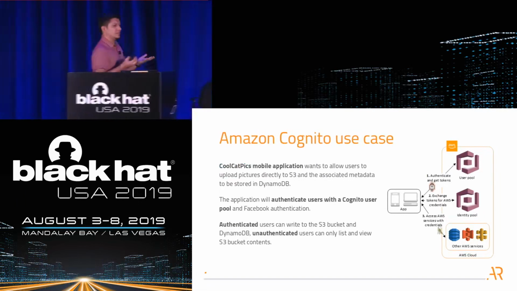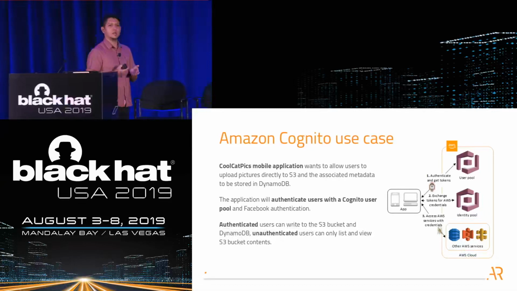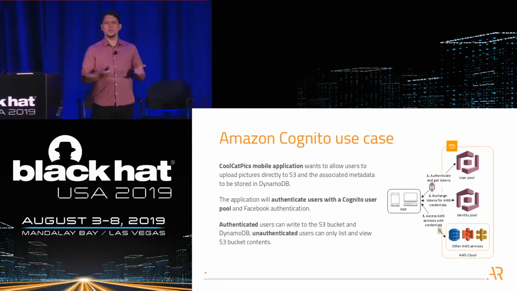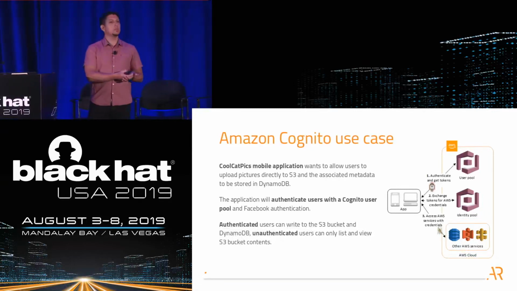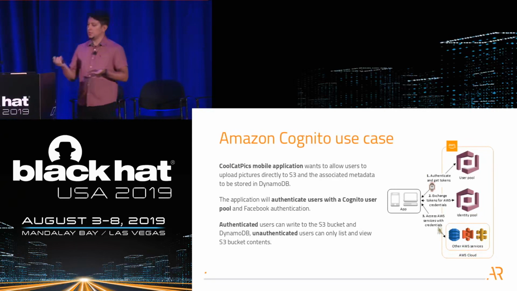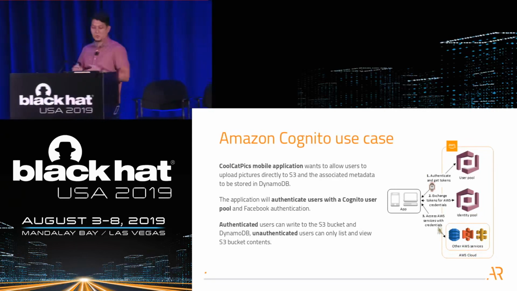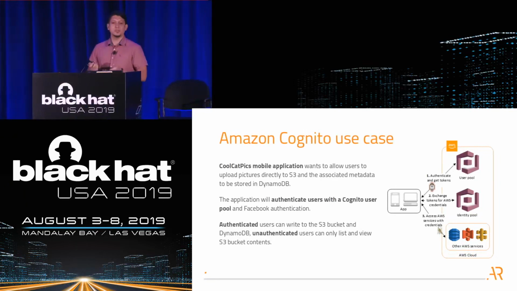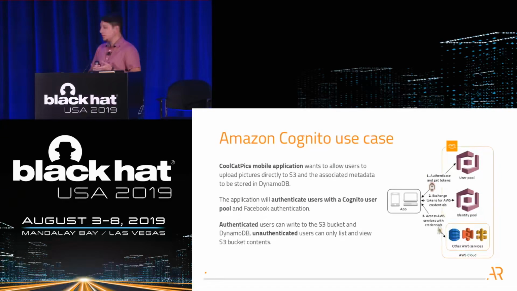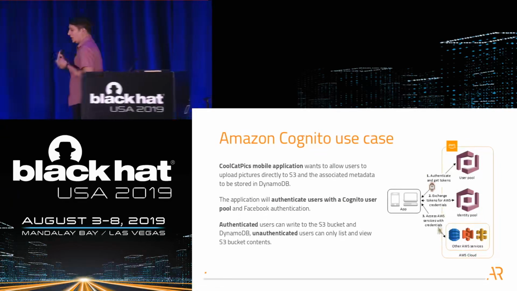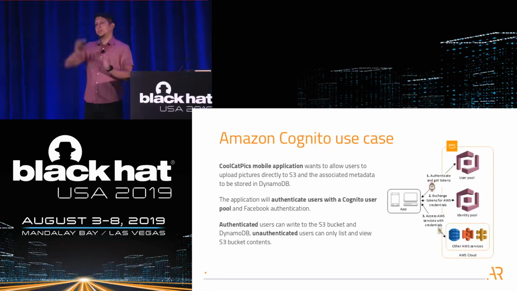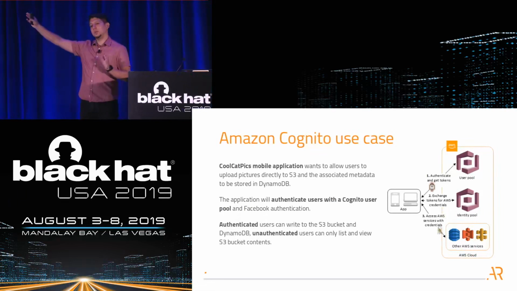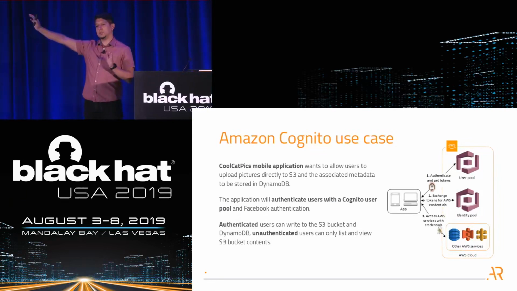In order to understand this, it's easier if we get a use case. Let's imagine a sample application. This application is just cool cat pics. It allows users to upload pictures of their cats, because cats are cool. And this sample application allows users to directly upload to S3 all of their images.